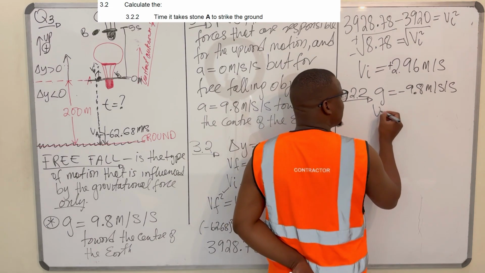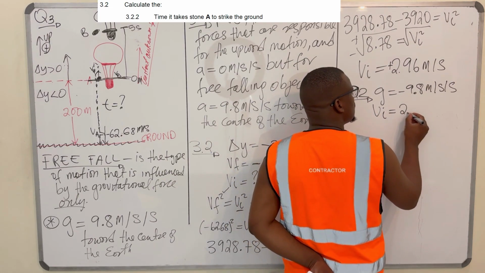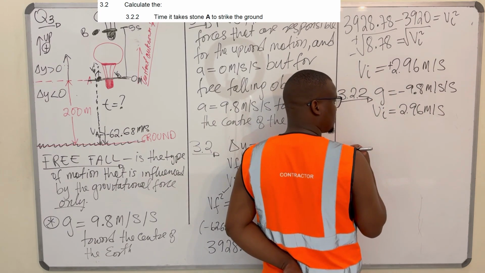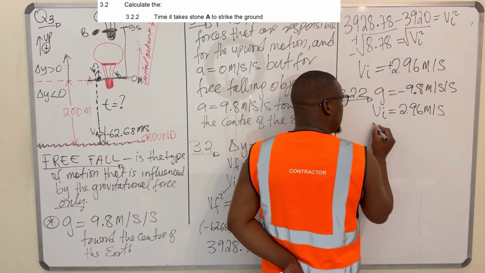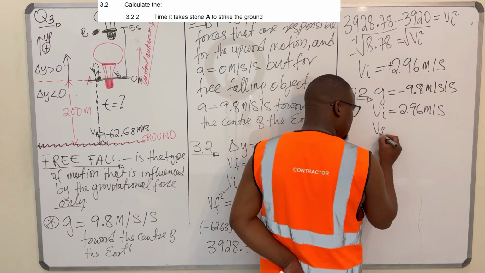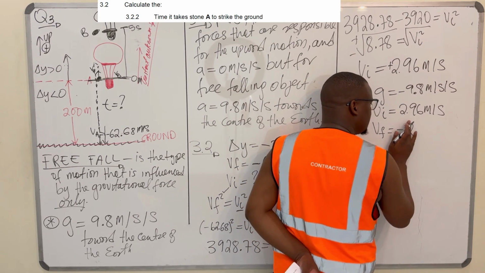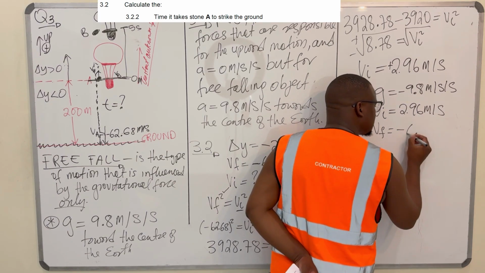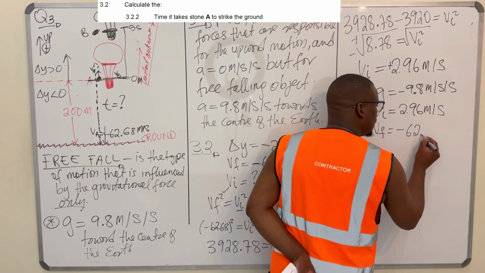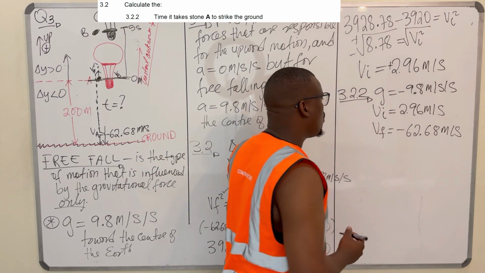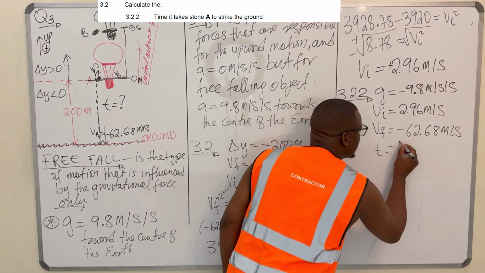So we had the initial velocity to be 2.96 meters per second upwards, right? And we had the final velocity to be minus 62.68 meters per second. So now what we want is the time.